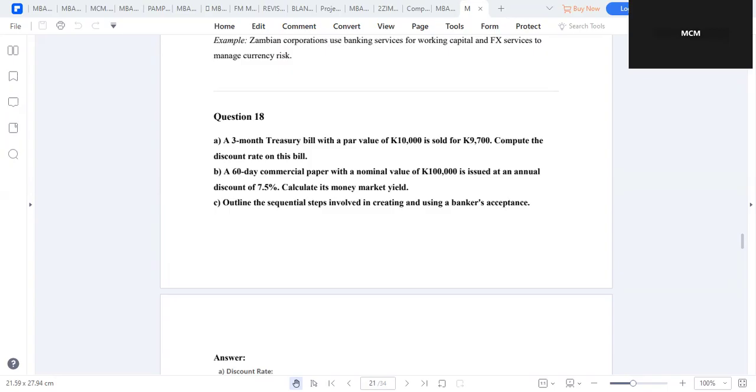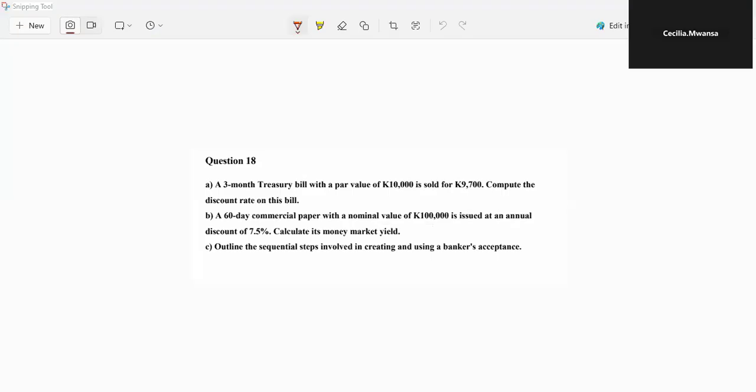The treasury bill. I think we have to multiply the discount rate by days to maturity, then divide by 365. The discount rate is what?